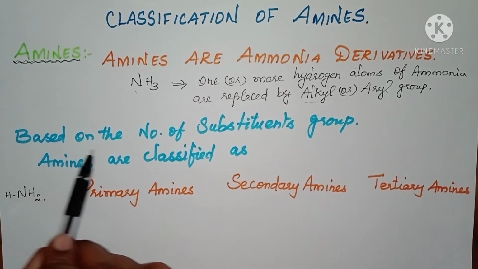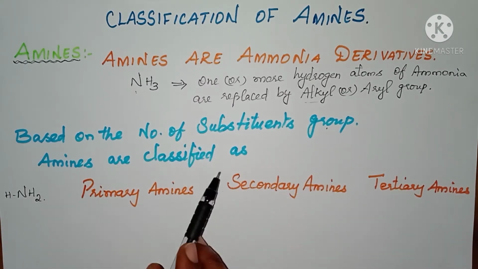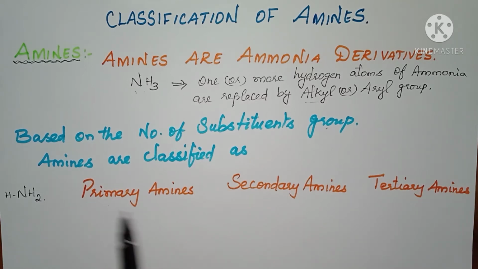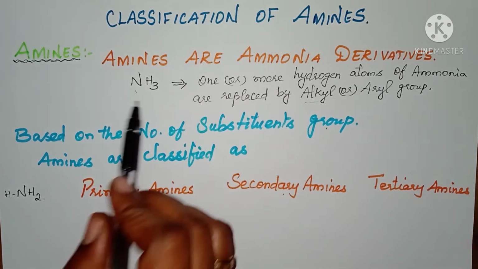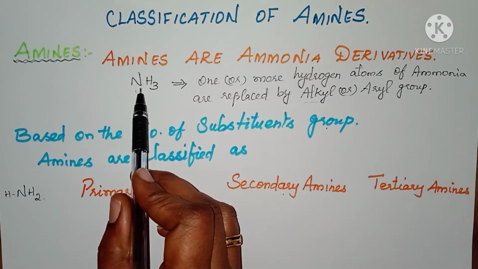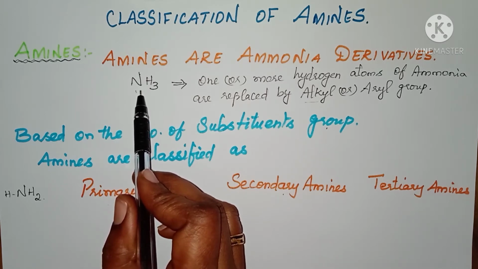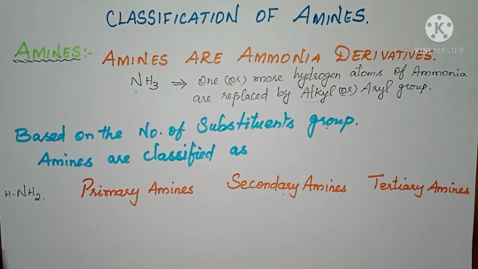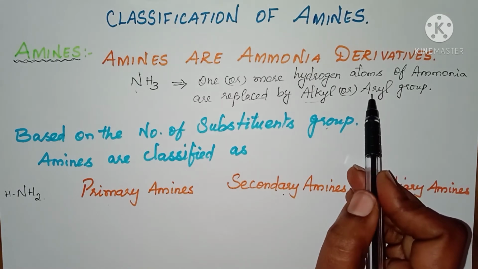Now, based on the number of substituent groups, amines are classified as primary, secondary and tertiary. For example, ammonia, that means nitrogen has 3 hydrogens present. One hydrogen is replaced by one alkyl or aryl group.